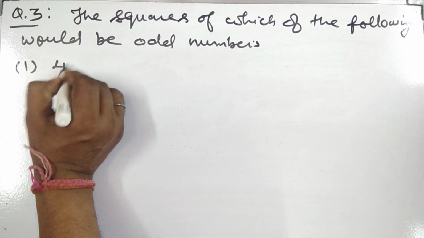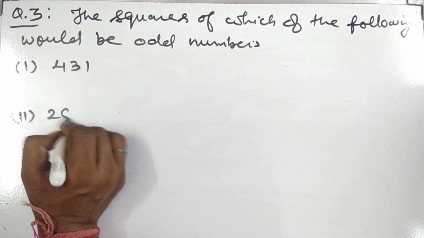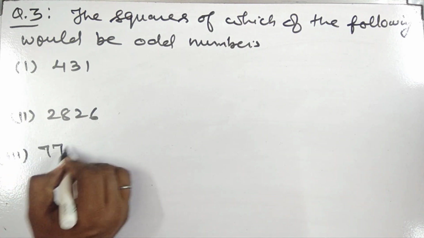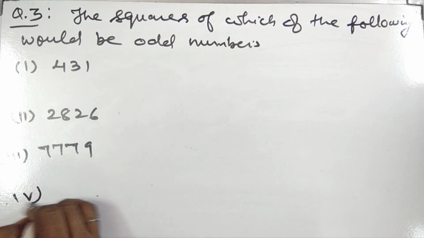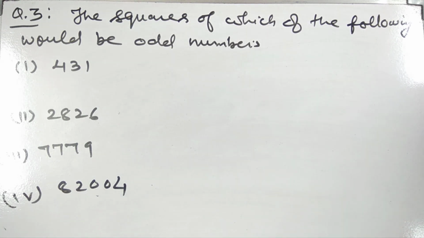First, 431. Second, 2826. Third, 7779. And fourth one, students, 82004. So students, the square of which of the following would be odd numbers?